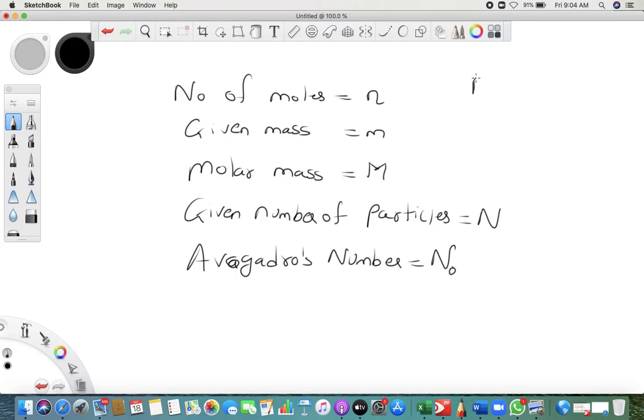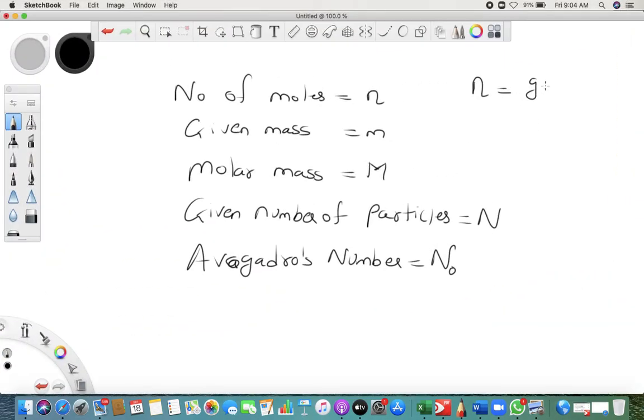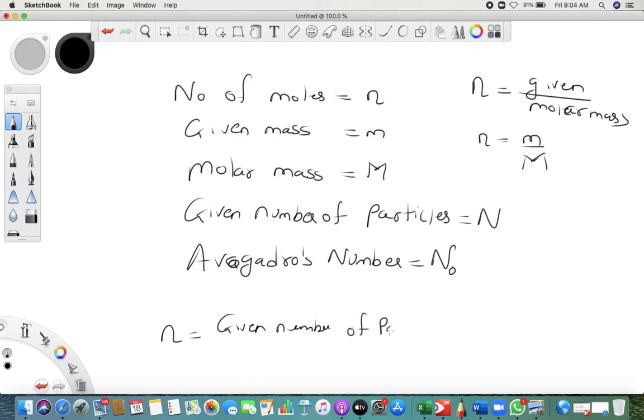Now there are two formulas we have, right? If you find out the number of moles, it is given mass upon molar mass. So basically n is equal to small m upon capital M. This is one formula, and the other formula is n is equal to given number of particles upon Avogadro's number, that is N upon N0.